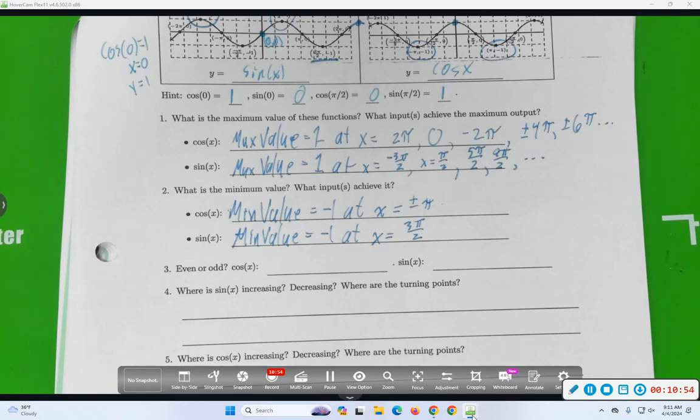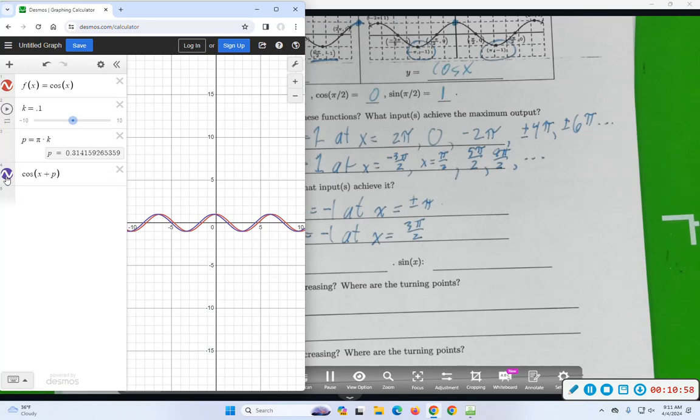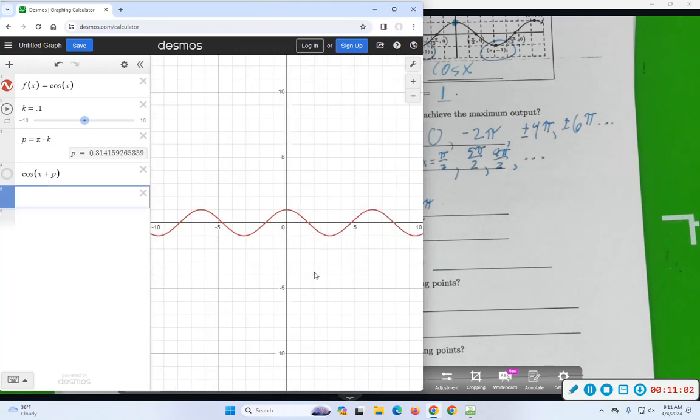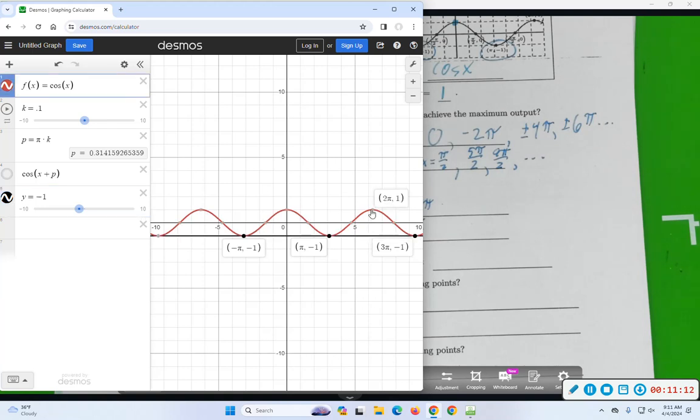Let's actually pull up a Desmos graph, right? We can. So there's the graph of cosine. I want to know when it is -1. So there's the negative pi and pi, and 3 pi does it. So notice 2 pi is that point that maximizes.